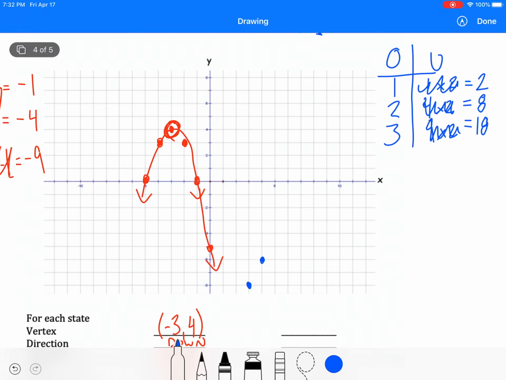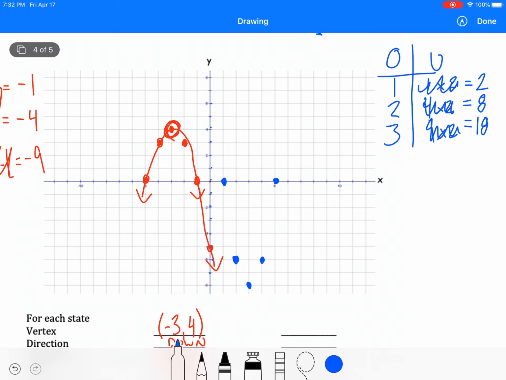So now we're going to go over 1, up 2. Over 2, up 8. And over 3, up 18. So we can't get that one on the graph. So over 1, up 2. Over 2, up 8. And this one just for the y-intercept.